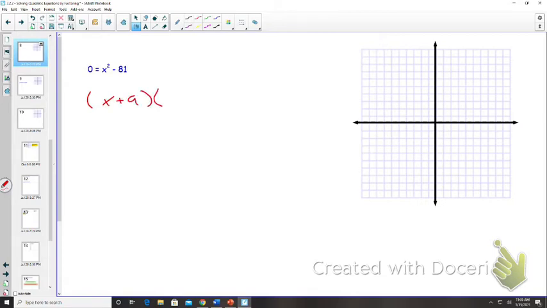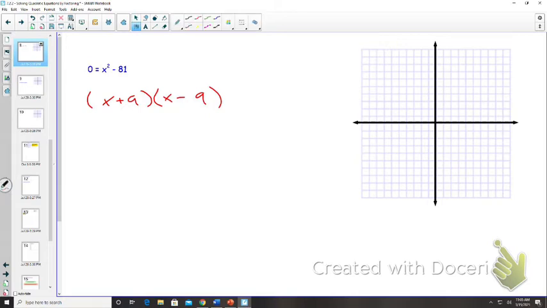No, because there's only 81, so would it be x plus 9 or x minus 9? Minus 9. Right, because then if we expand that out, we'll get x squared minus 9x plus 9x, so those will cancel, and then you get 81.